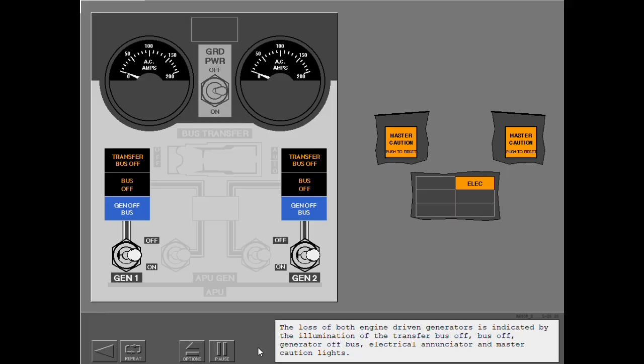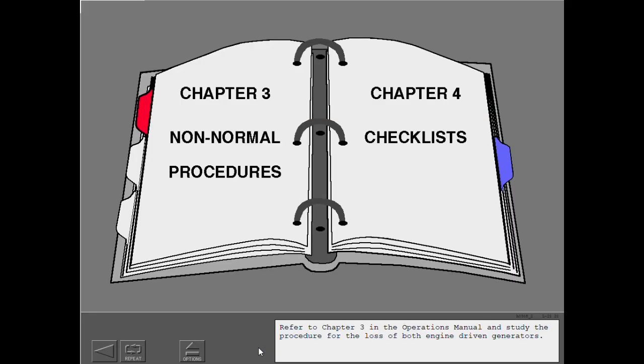The loss of both engine-driven generators is indicated by the illumination of the transfer bus off, generator off bus, electrical annunciator, and master caution lights. Refer to Chapter 3 in the Operations Manual and study the procedure for the loss of both engine-driven generators.